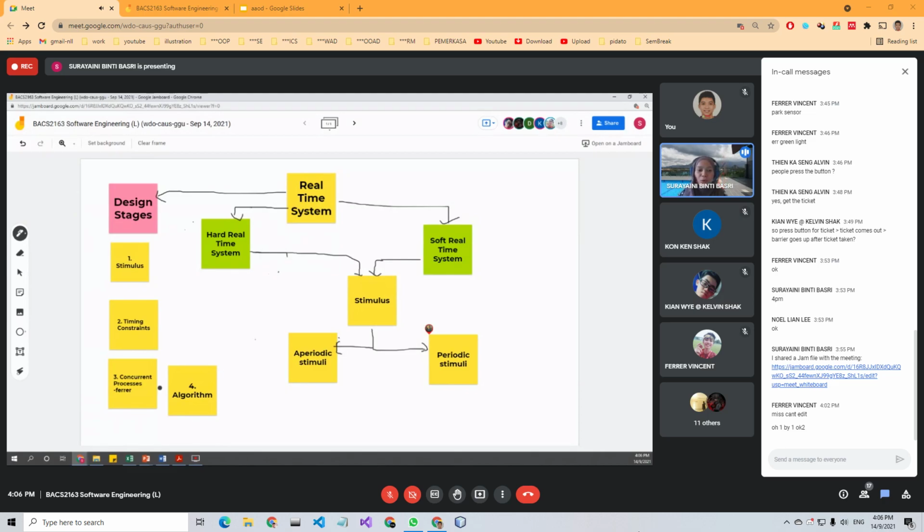It's better if you all put your name, especially the design stages, because I don't know who already did and who haven't.